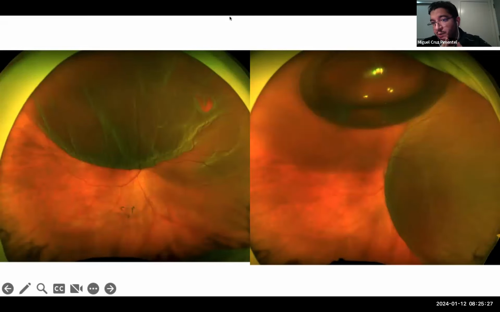We don't know exactly what the risk is. We haven't seen it in this cohort, but that's something that we're exploring to explain with mathematical models, because we believe that the cohesion, the surface tension of the gas, is enough to maintain the gas bubble together and to avoid going into the subretinal space.